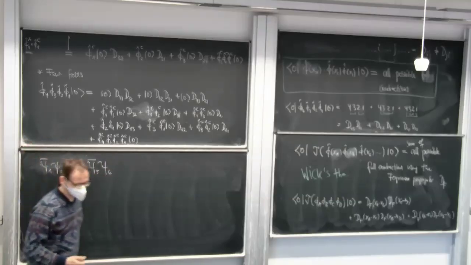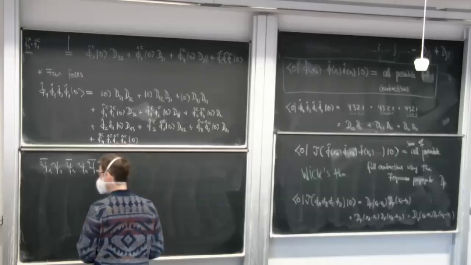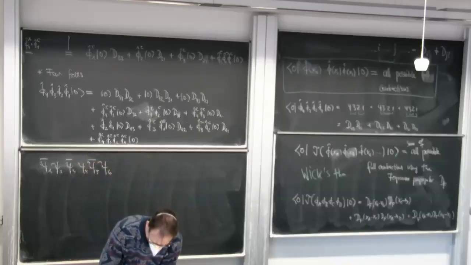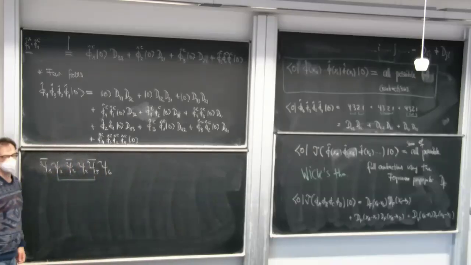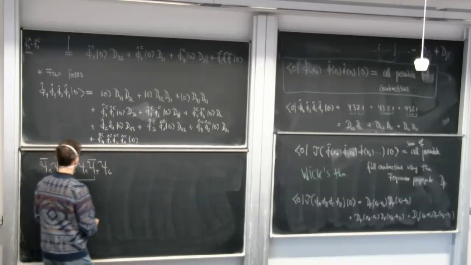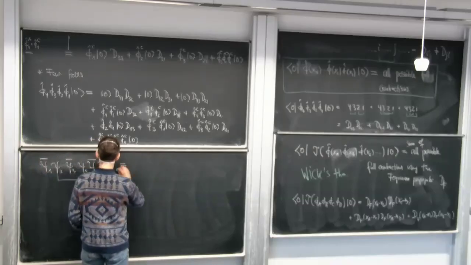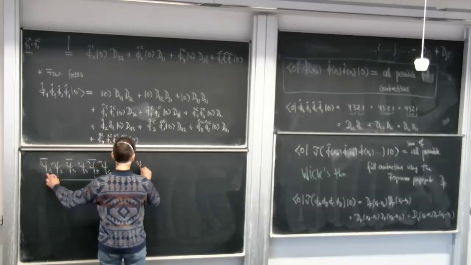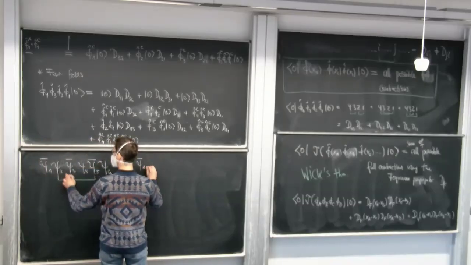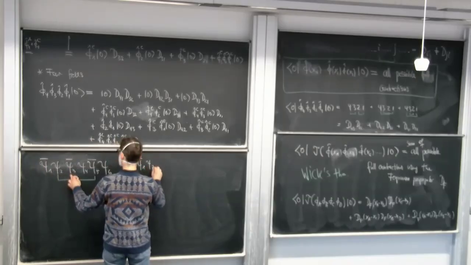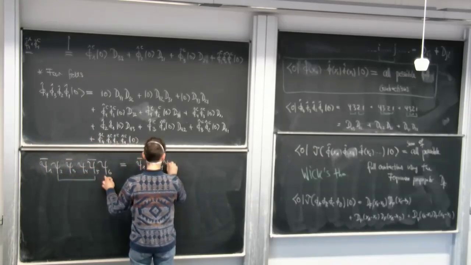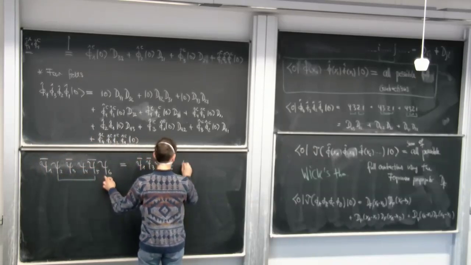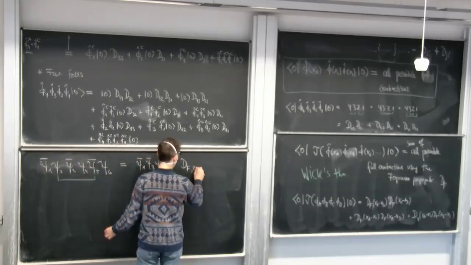And then somebody has a contraction for you. You'd want to write this as psi 1, psi 3, psi 4, psi 6, and the propagator basically of 2 and 5.